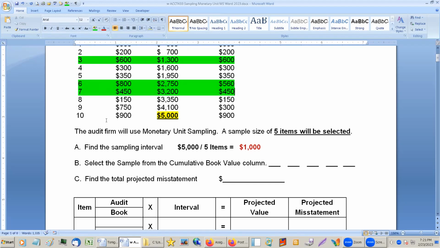And 4,000 is what, 9? And then last we'll have 10. Wait, is that 5? 1, 2, 3. Yep, okay.